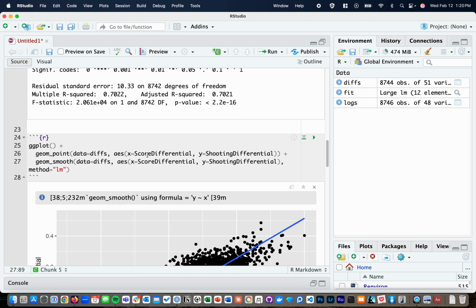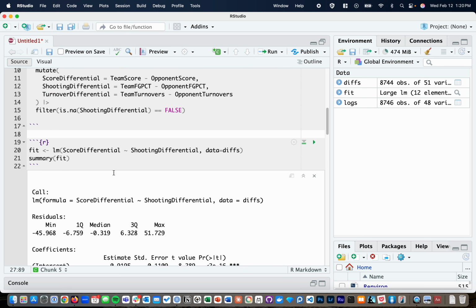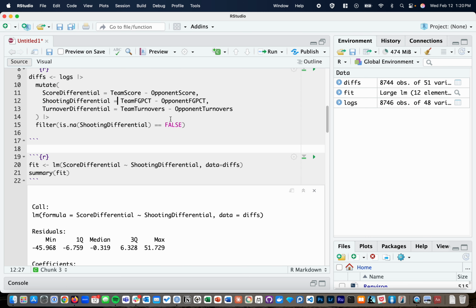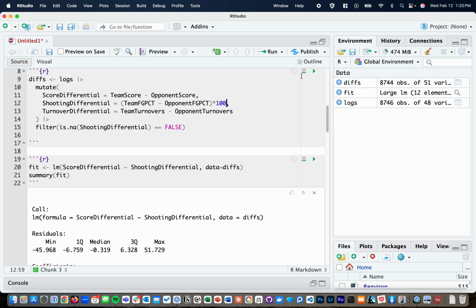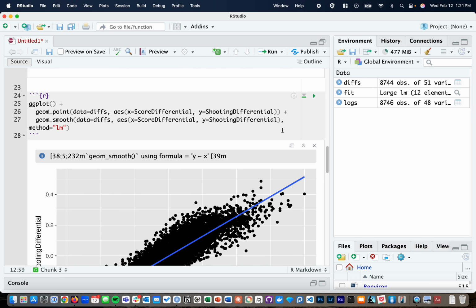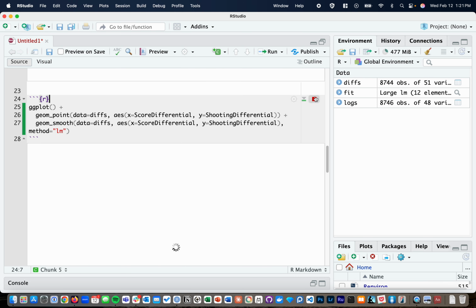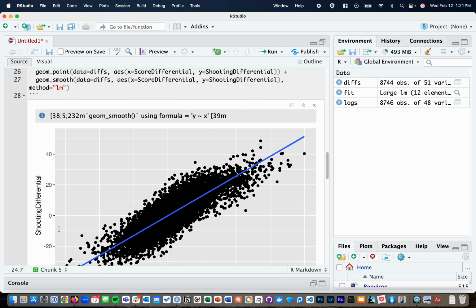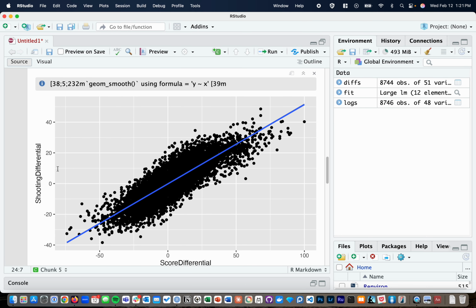And I'm going to do one thing very quickly because I remember this causing me problems the other day. For some reason, the residuals act really funny if you don't do this. Basically, I'm going to convert it into a percentage. Doesn't change anything there, but it'll just change the label over here.